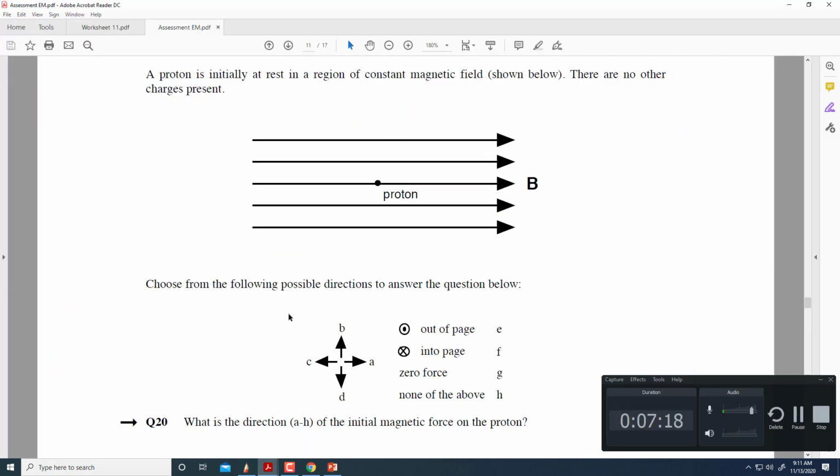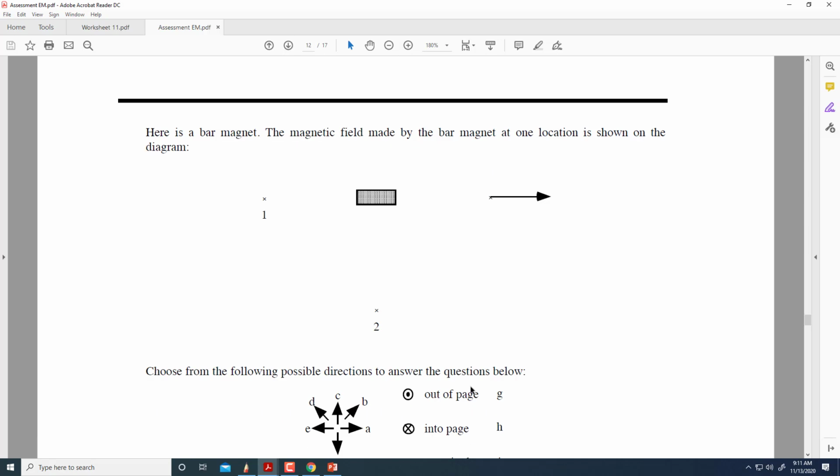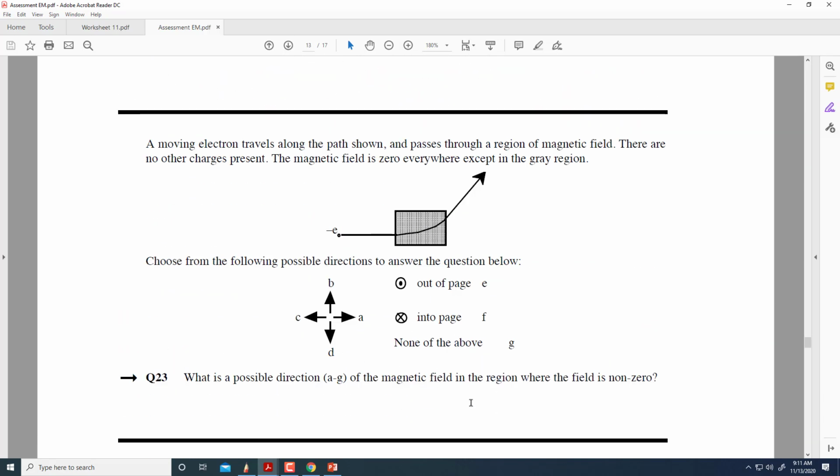Now let's say the proton is moving. Okay. Let's see here. Now it's not a proton in this case, it's an electron. And in the magnetic field, this is the magnetic field.